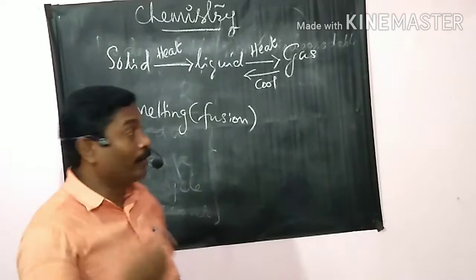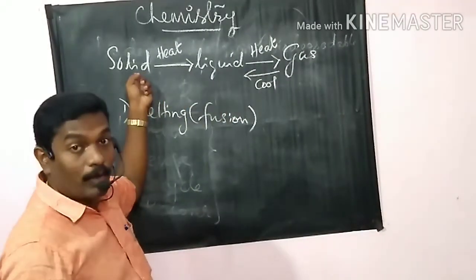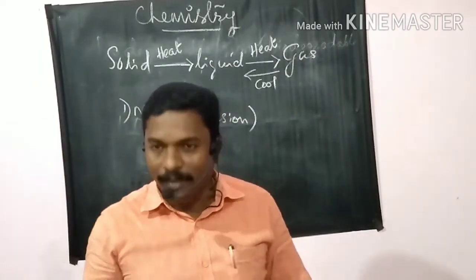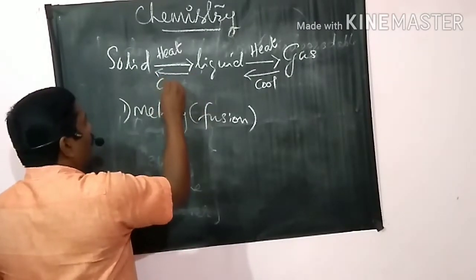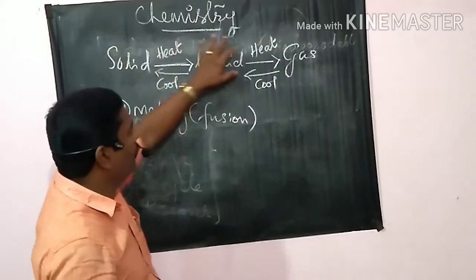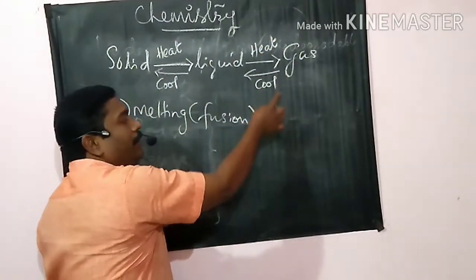Similarly, liquid on cooling gives solid. How can we make ice from water? By cooling itself. So solid, liquid and gas are interconvertible.